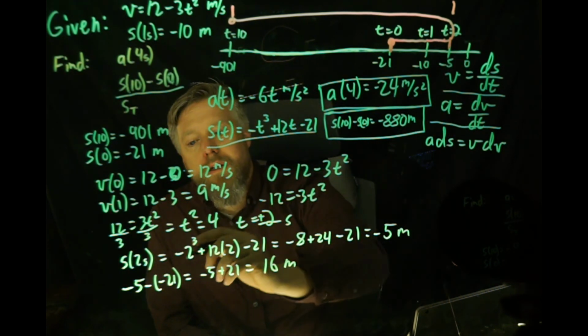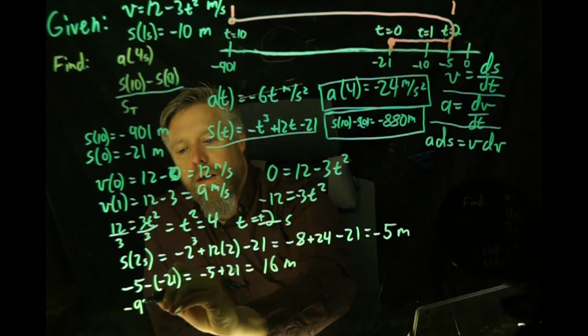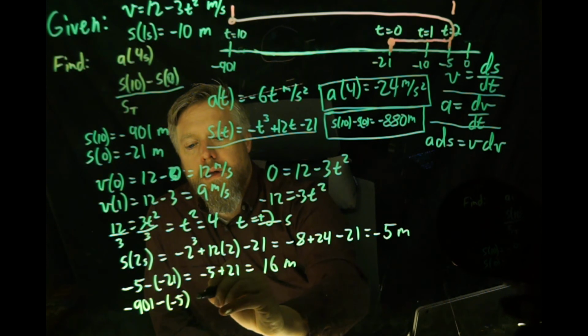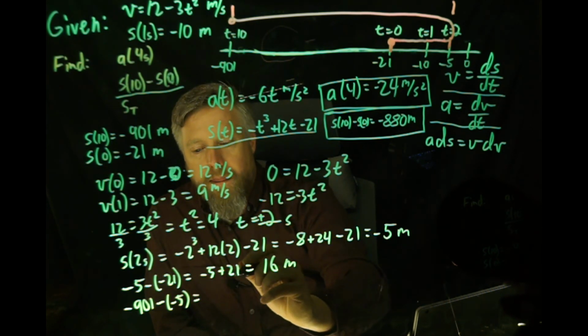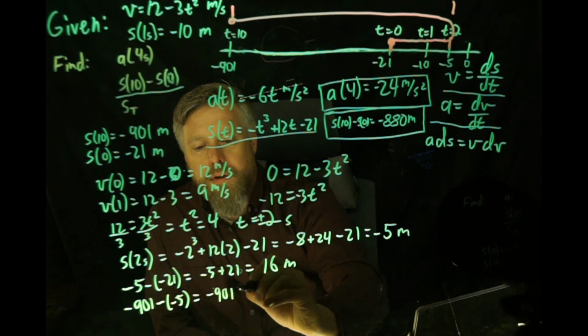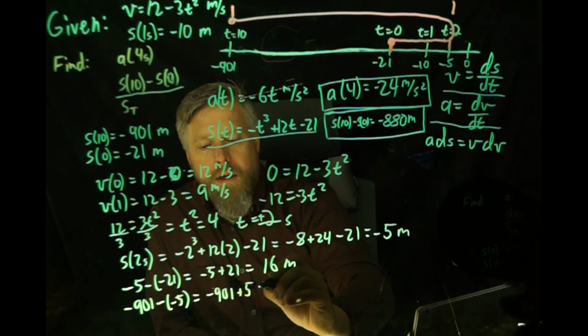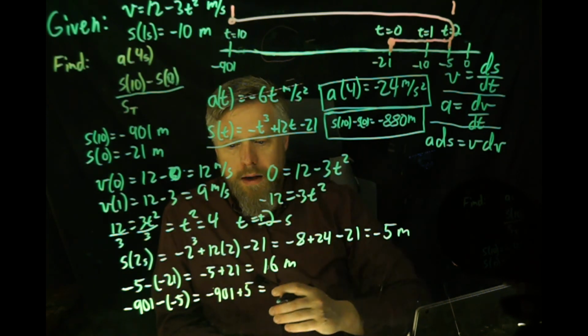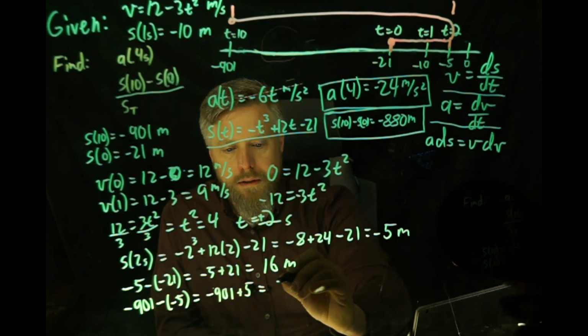Second segment, we end at negative 901, and we're going to subtract from that negative 5, which is equal to negative 901 plus 5. That would be, what is that, 896?